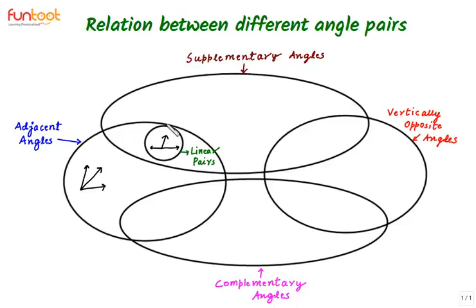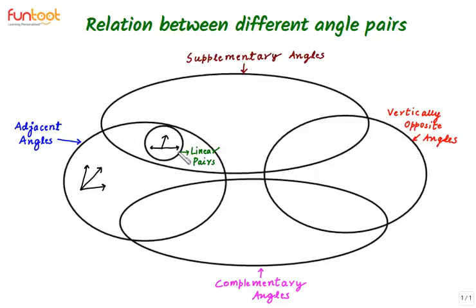That is why the circle of linear pairs is drawn inside the circle of adjacent angles. So from here we can say all linear pairs are adjacent angles, but the converse is not true. All adjacent angles are not linear pairs, because we can see here this is a pair of adjacent angles and this is definitely not a linear pair.